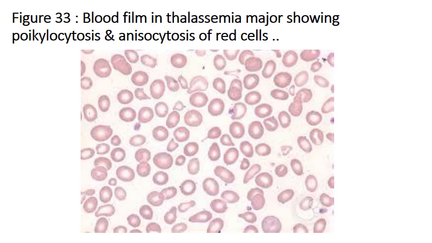This is another slide, a peripheral blood film which shows thalassemia major. It is showing anisopoikilocytosis, in which the size of the cells is different and the shape of the cells is also different. What does that mean? Look at here. This is a small size, this is normal, and this is large. This is anisocytosis.